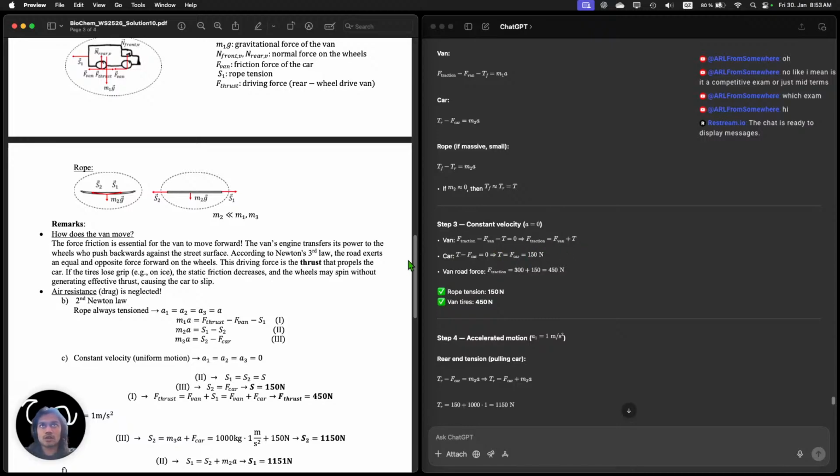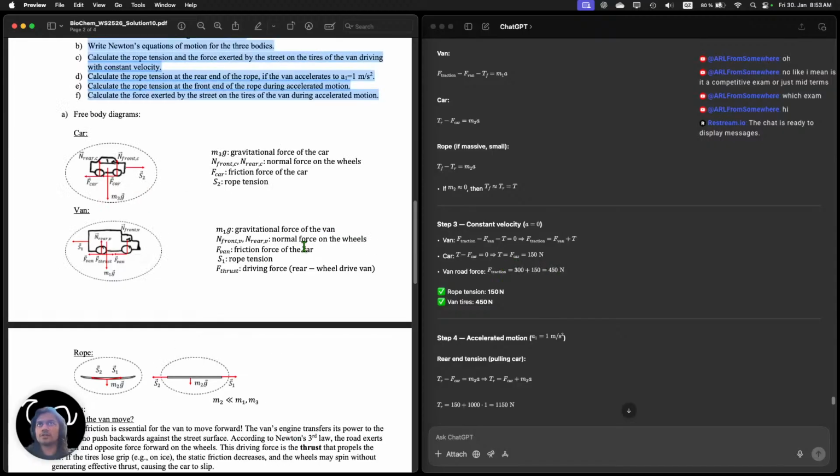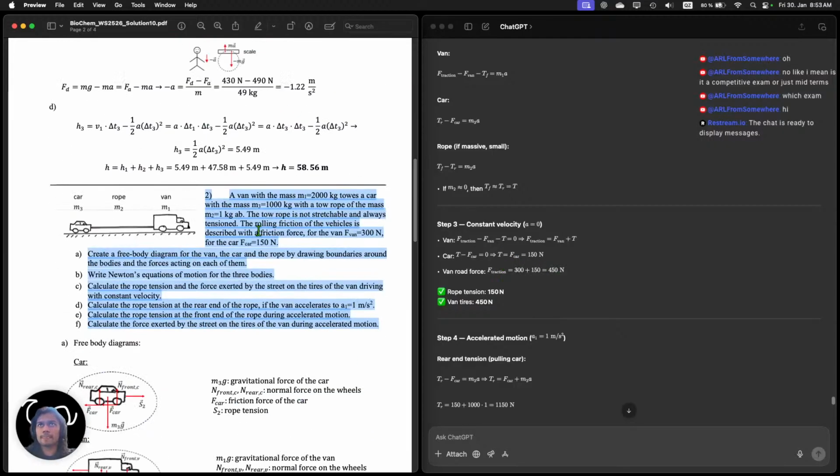F traction equals T equals F of car equals 150 Newton. Again, from what I understood, F of car, that's the frictional force, right? Right? Plus 150 van road force, 450 Newton.